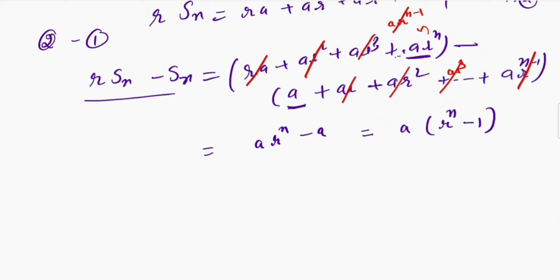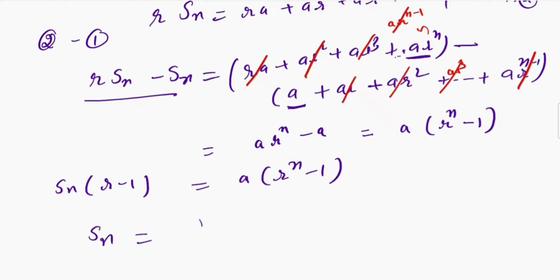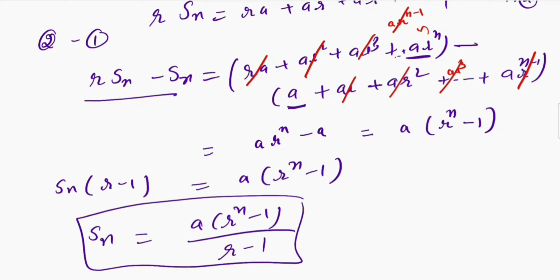If we solve this, Sn is common: Sn(r - 1) is equal to a(r^n - 1). So Sn is equal to a(r^n - 1) divided by (r - 1). So hence proved. This is what we had to prove.